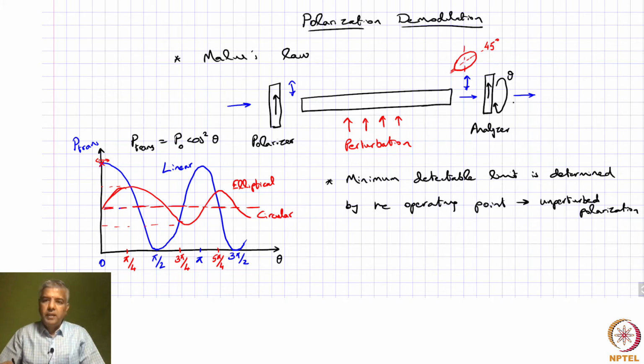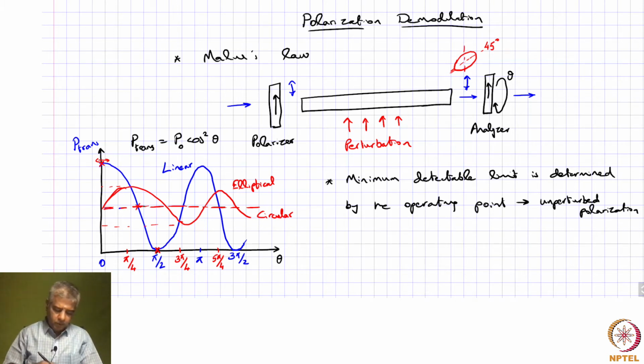However, even in that case, as you increase your perturbation, it is eventually going to go to the maximum. So if you start operating at this point, you can have some sensitivity here, but even here it's not ideal.